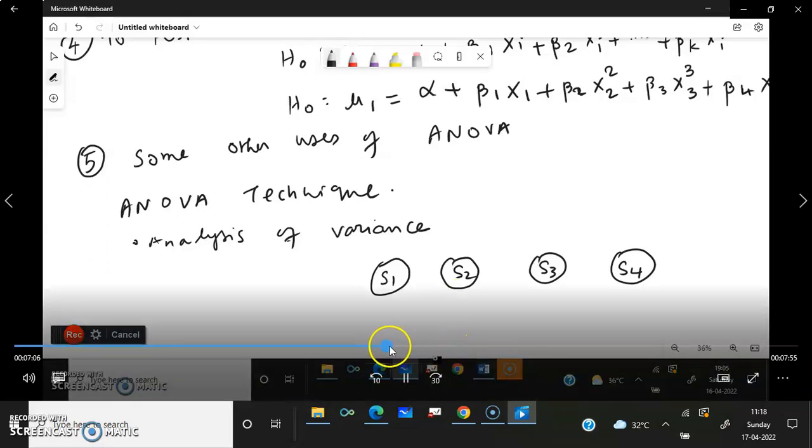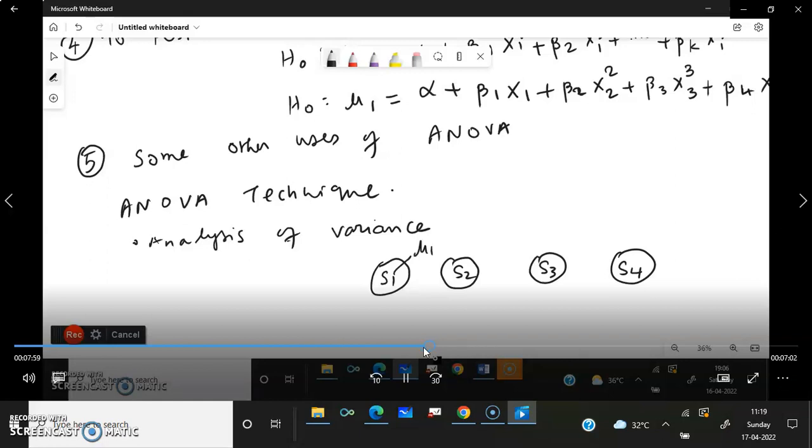And we are going to see whether there is any significant difference between the means of these population parameters, that is mu1, mu2, mu3 and mu4. In order to test this, what technique are we using? Obviously, it is the ANOVA technique. So the ANOVA technique enables us to perform this simultaneous test.